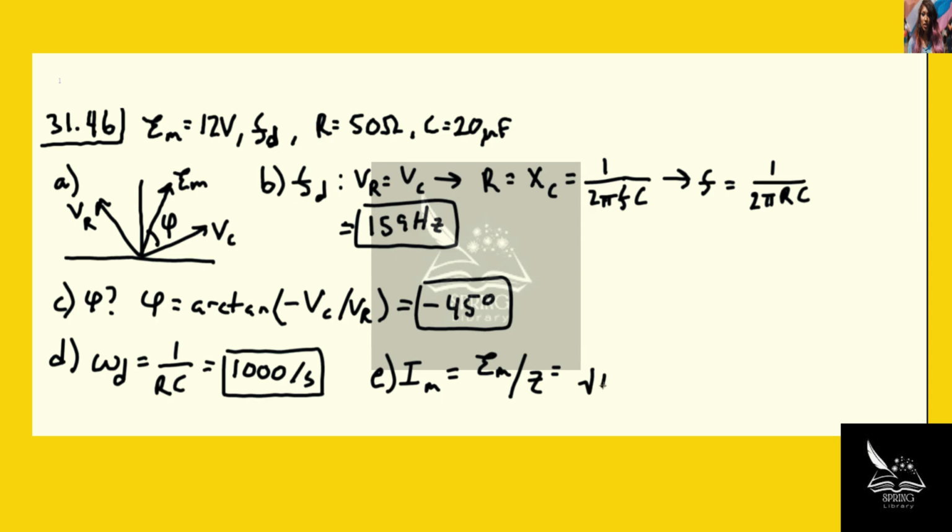The impedance is the square root of R squared plus XC squared, which we already know is equal to R squared plus R squared, so this will just be the square root of 2R squared. So this is 170 milliamps.